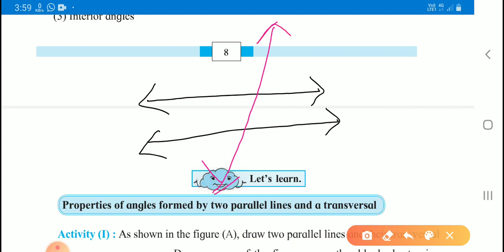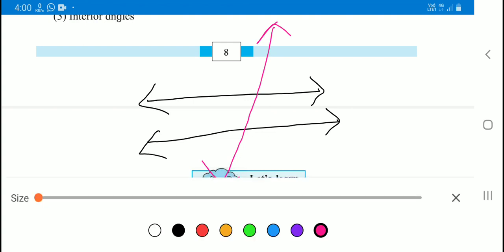Okay. Now I will give the name to the parallel lines as M and N and the transversal L. Now I will show you the angles made by the transversal near the points.